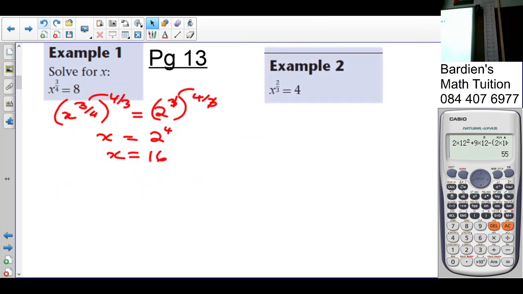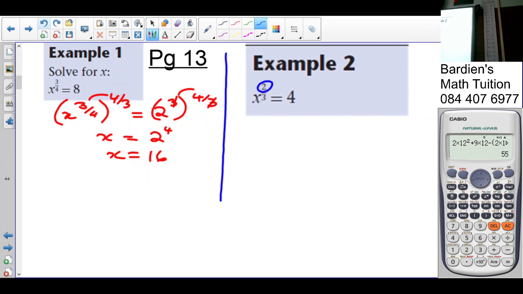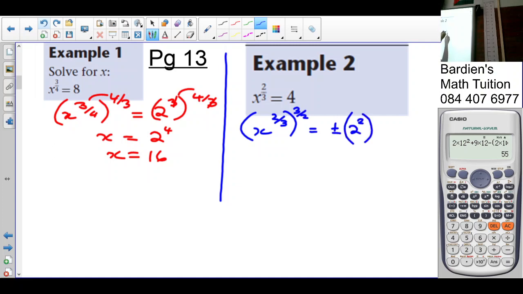Look at example 2. What's the note that I gave you with regards to the numerator being even? You must not forget plus minus. As you can see, the numerator is even. So it's going to be x to the 2 over 3, raised to the exponent 3 over 2, its reciprocal, equals plus minus, 4 can be written as 2 squared, raised to the exponent 3 over 2.